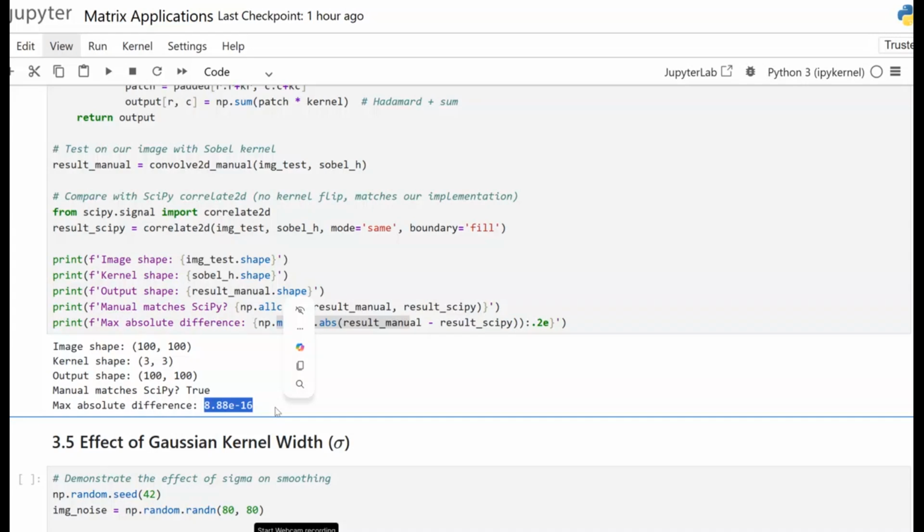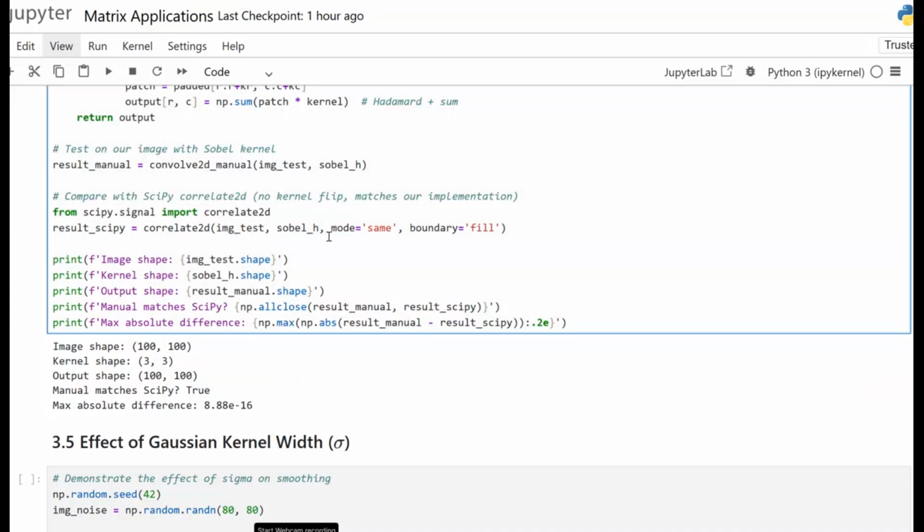The manual implementation confirms that 2D convolution is exactly what we described. At each position, extract a patch the same size as the kernel, compute the Hadamard product, and then take the summation.